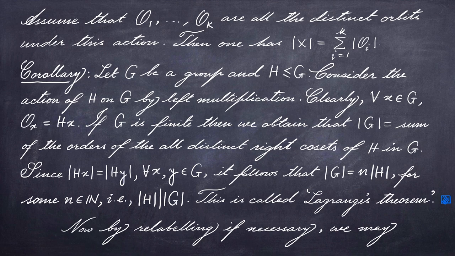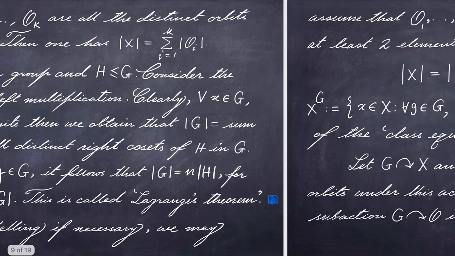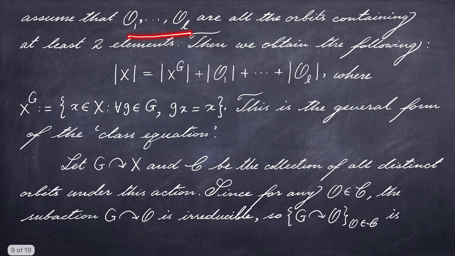Therefore what we have just observed is that the trivial orbits in this list do correspond to the fixed points under this action. Now if necessary we may relabel all the non-trivial orbits in this list.